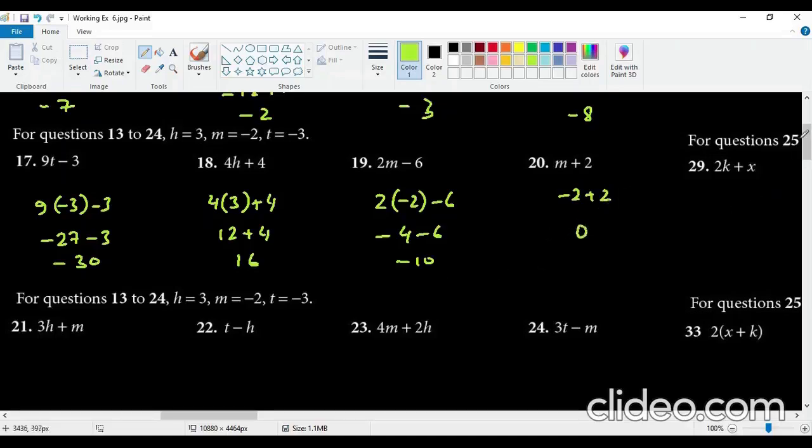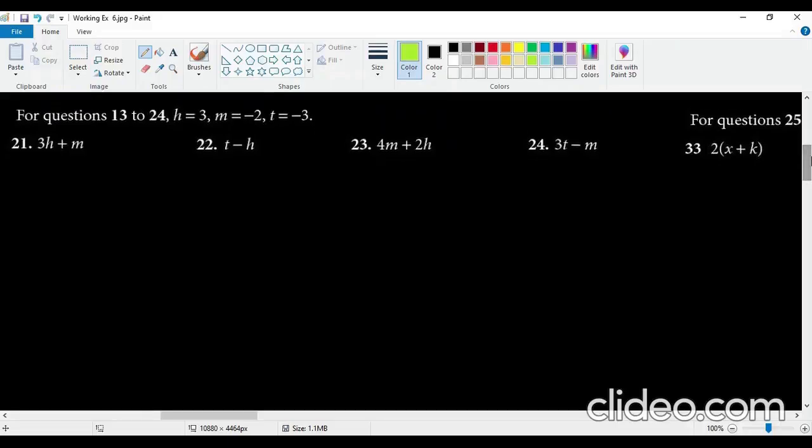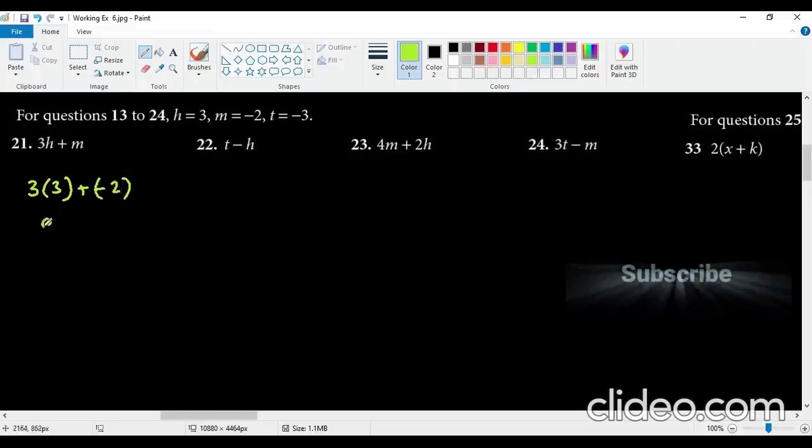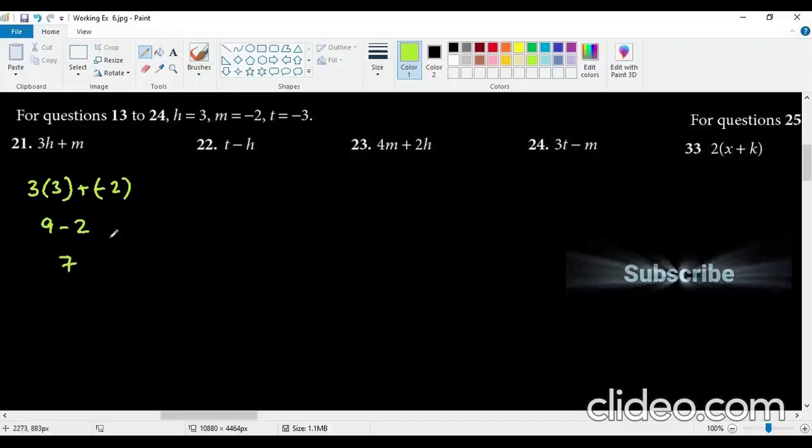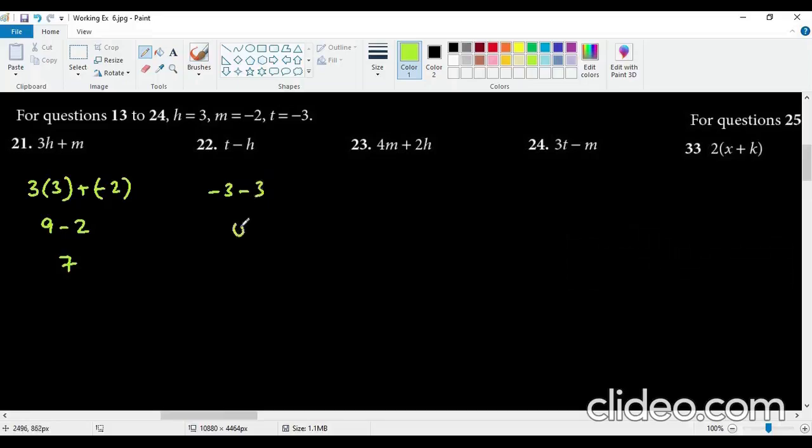When it comes to question number 21, it says 3 times h, that means 3 times 3, plus m, which is negative 2. So this gives you 9 minus 2, which is going to give you 7. Now t is negative 3 and h's value is 3, so 22 is going to give you the answer negative 6. 4 times m, which is negative 2, plus 2 times h, which is 3.